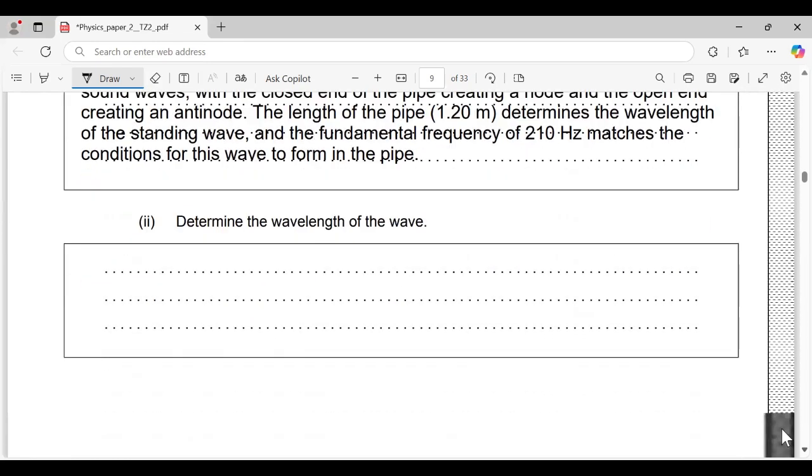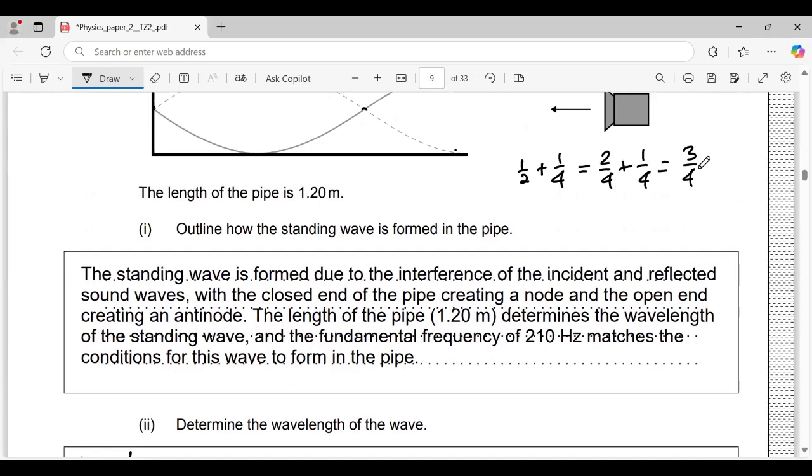3/4 wave. So determine the wavelength of the wave. The formula is lambda equals L over, 3/4, because the wave is 3/4 wave according to my calculation.